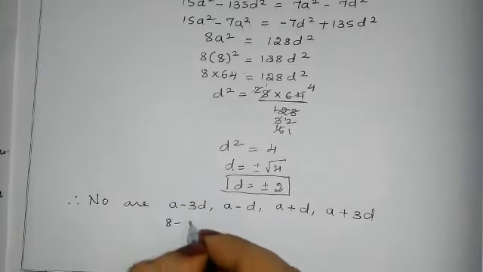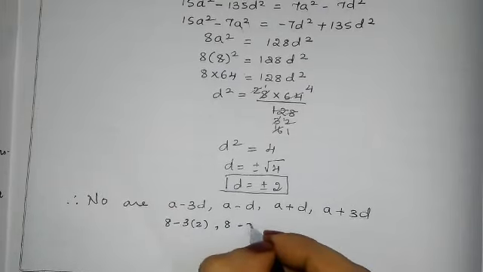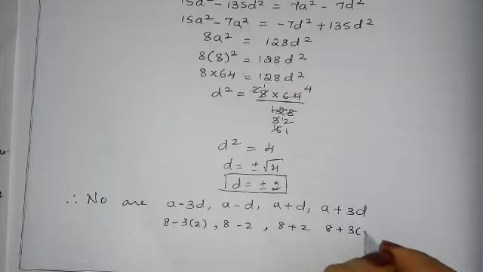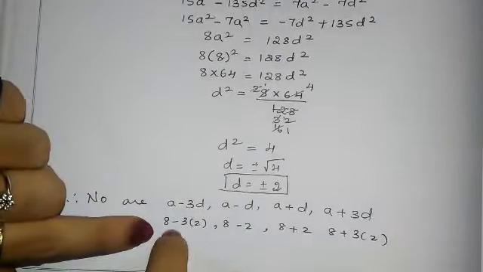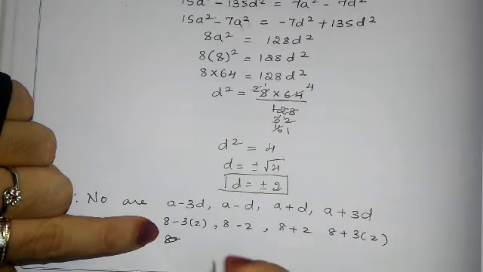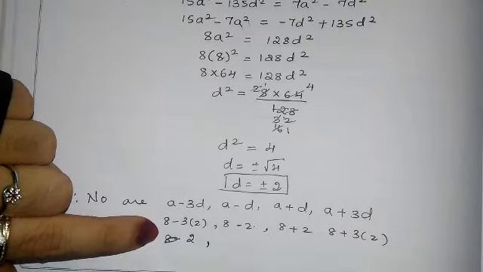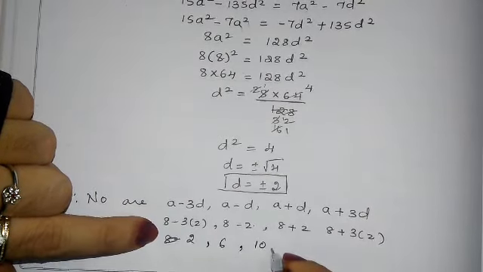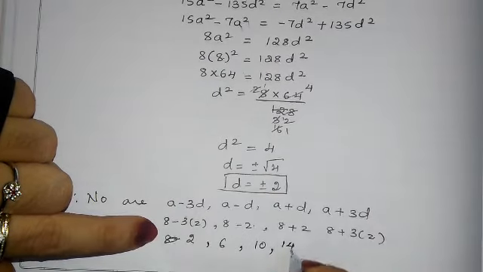A is 8 minus 3 into D which is 2, 8 minus 2, 8 plus 2, 8 plus 3 into 2. So 8 minus 3 times 2 is 8 minus 6 is 2. 8 minus 2 is 6. 8 plus 2 is 10. And 8 plus 6 is 14.